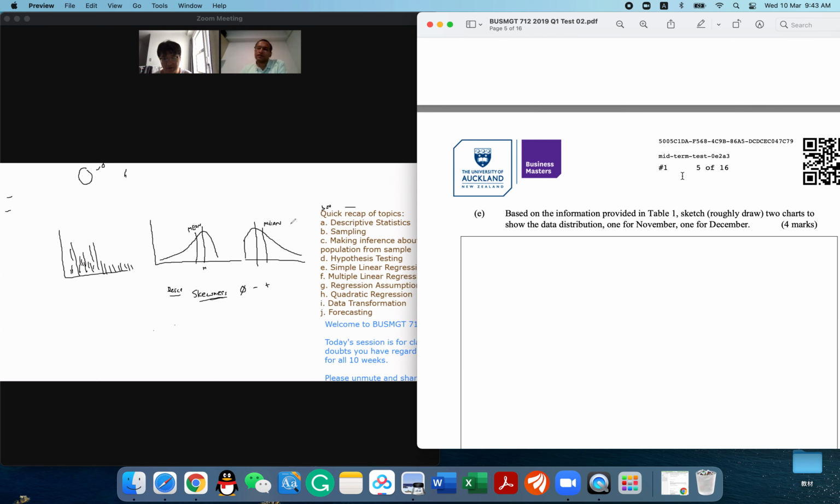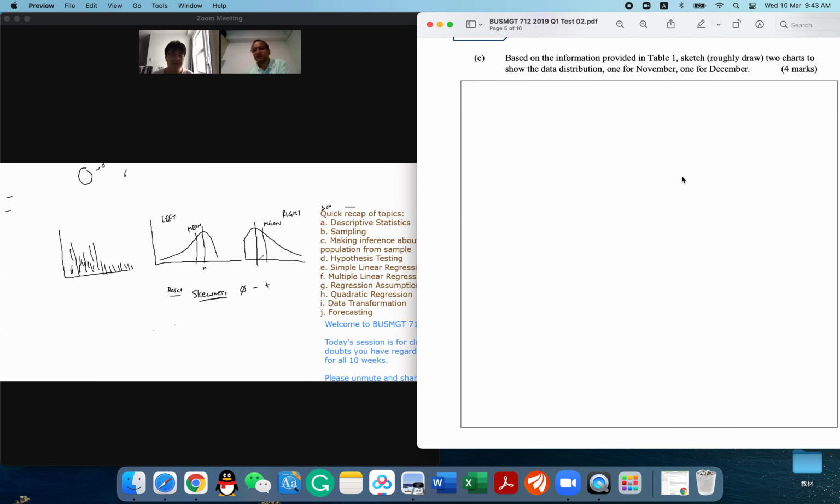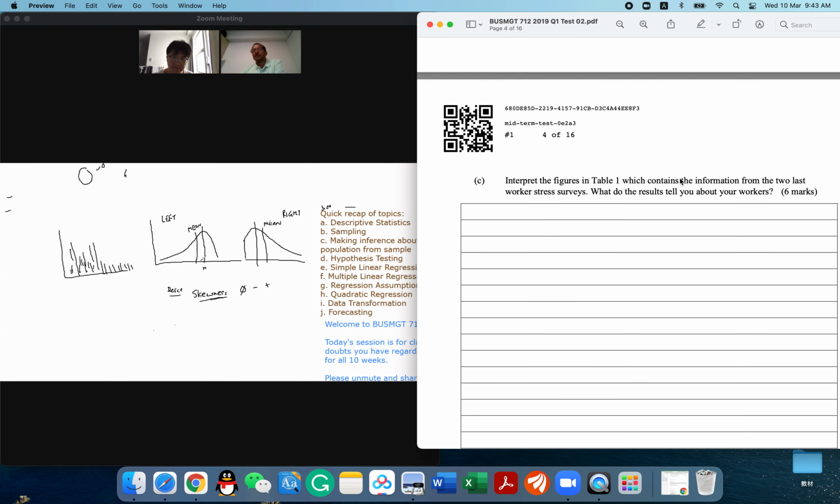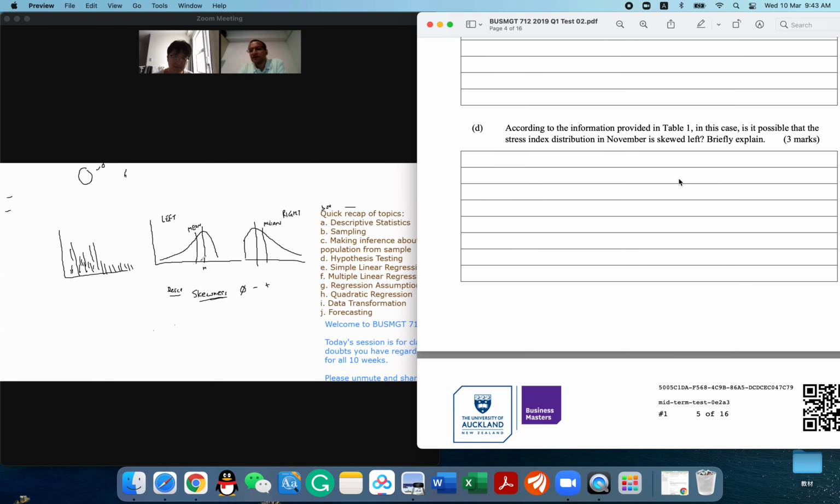And second, we use the median. If the median is to the right of the mean, it's left skew. If the median is to the left, it's right skewness. Yes, you're right. Cool. So you can use both these options, depending on how the distribution looks like.